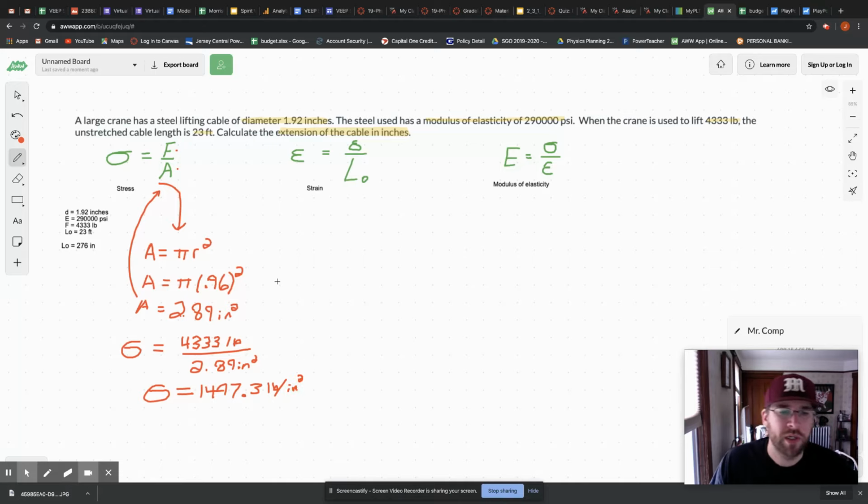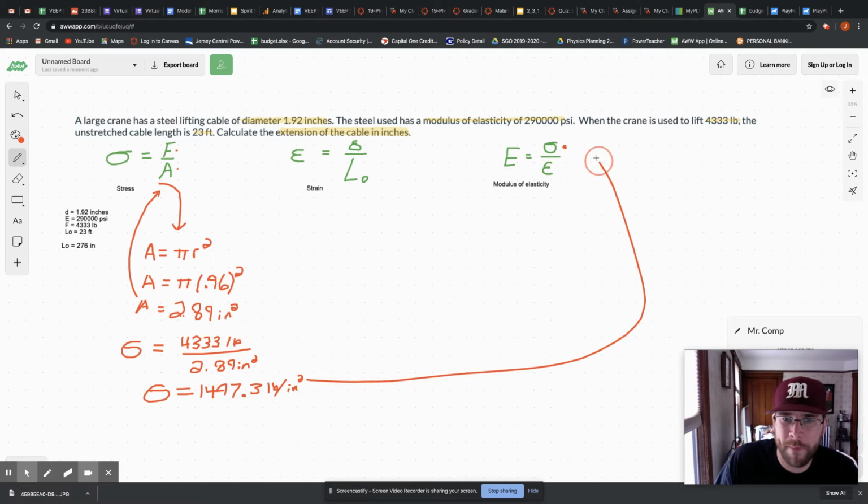I'm going to use that in my modulus of elasticity equation now. We already said that my modulus is 290,000. The stress that I have is 1,497.3, which we just calculated in the previous part. We're going to use this in order to find the strain.